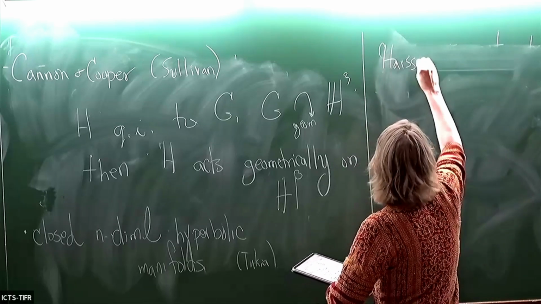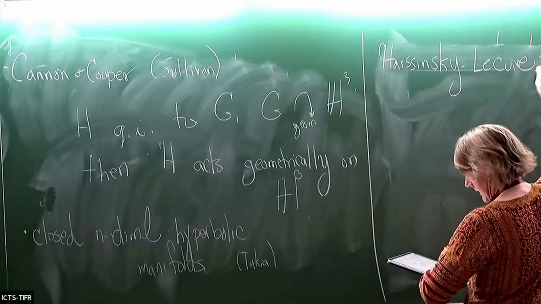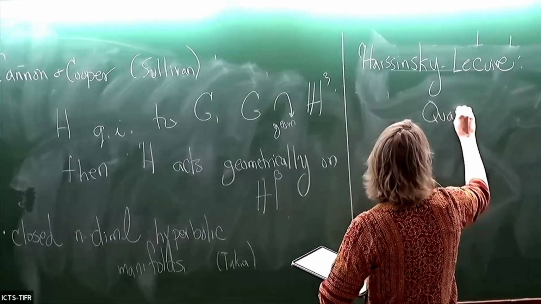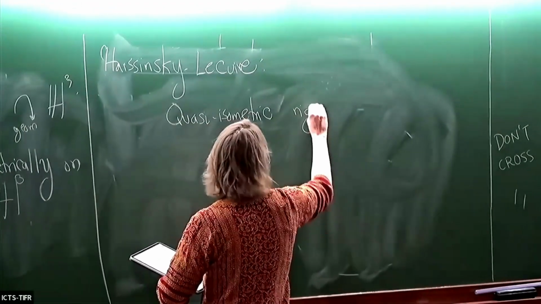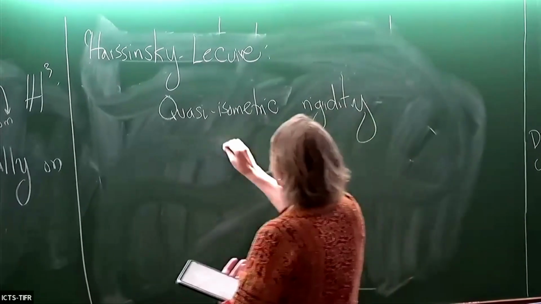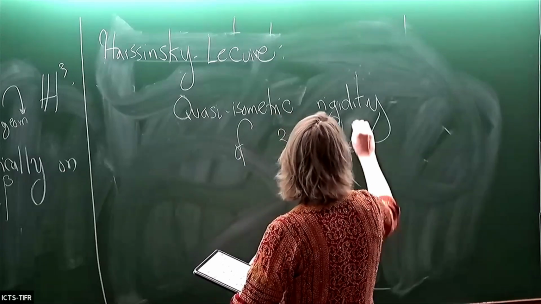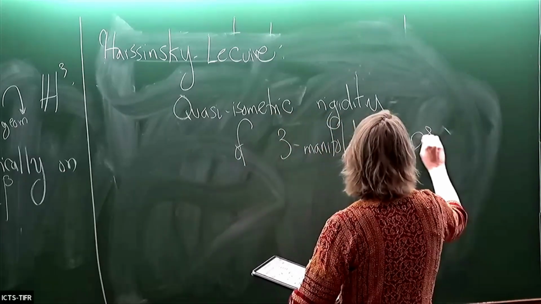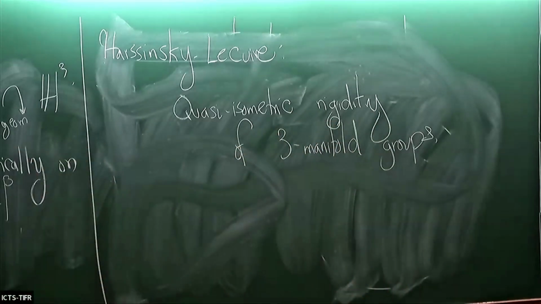Hruska and Lafont, I'll just put quasi-isometric rigidity of three manifold groups. So if you're the fundamental group of a closed three manifold, okay, so you don't have to have a hyperbolic structure. Okay, you could be a graph manifold or the different manifolds. And then Behrstock and Neumann did some work classifying the different geometries into their quasi-isometry classes. A lot of work with this.